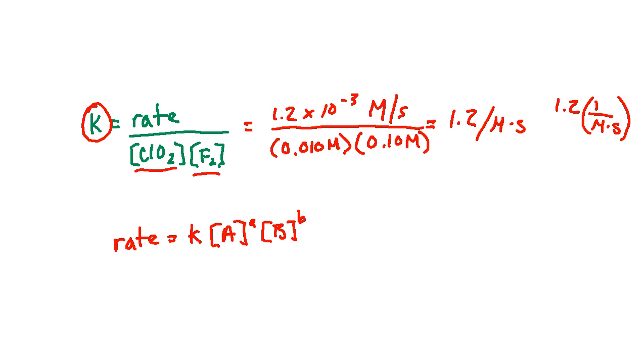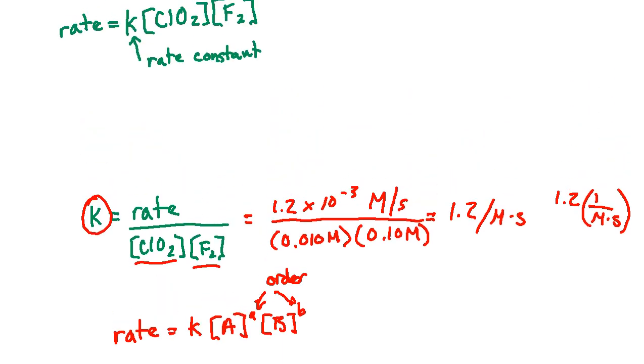All right, now a and b, when we're talking about the small a and the small b, are going to be the order associated with the concentrations, with the reactants here. Now, you can determine the order based on the experimental evidence that you have. So all you need to do is look at the change when you were to affect either of these concentrations, and that should give you the information about the order that you have.